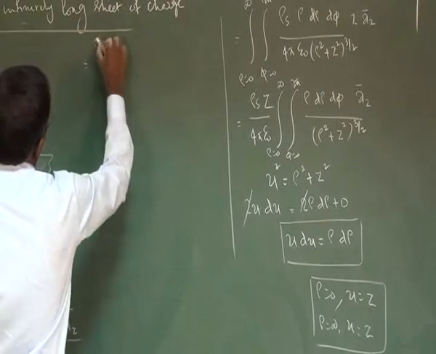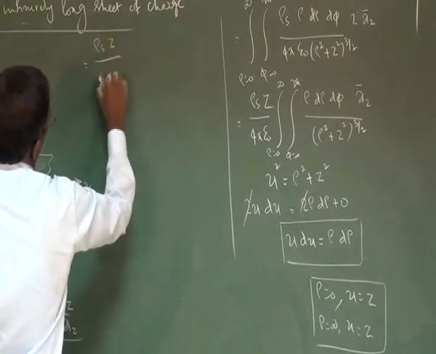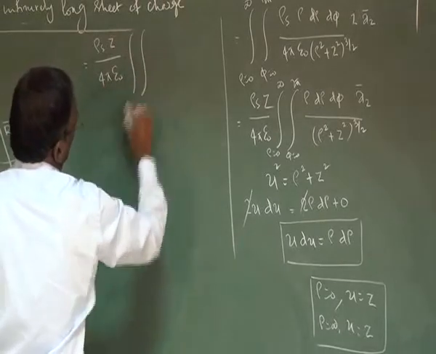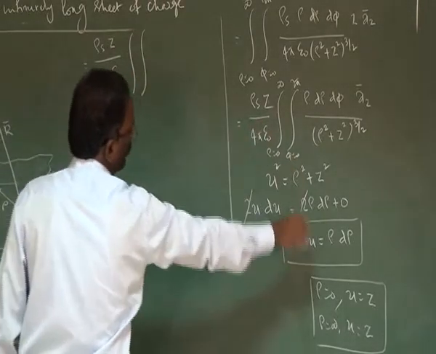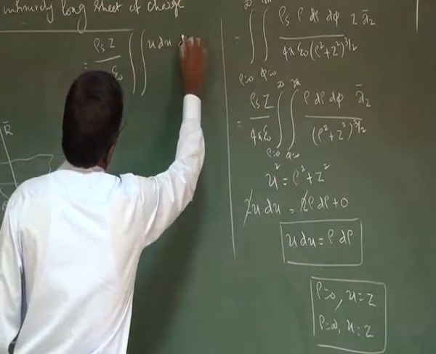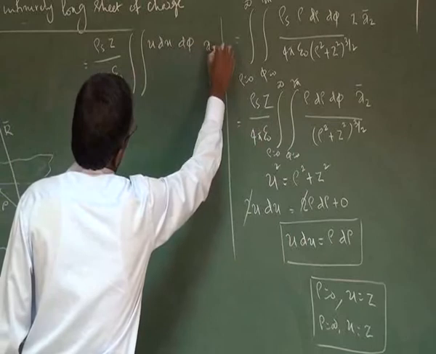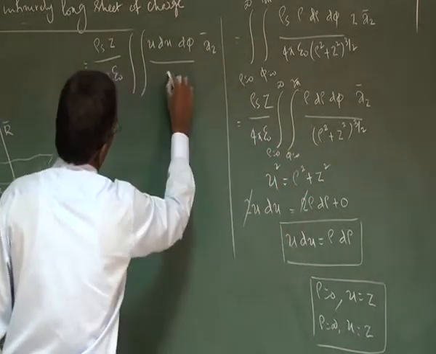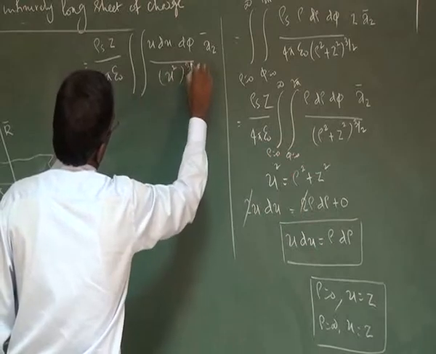Is equal to this step, rho s z divided by 4 pi epsilon o, double integral rho d rho is made as u du, d phi no change, a z bar divided by rho square plus z square, u square power 3 by 2.